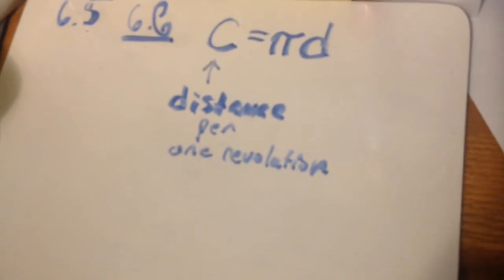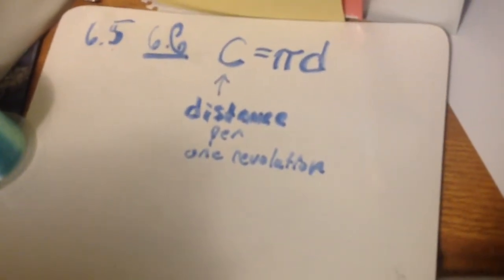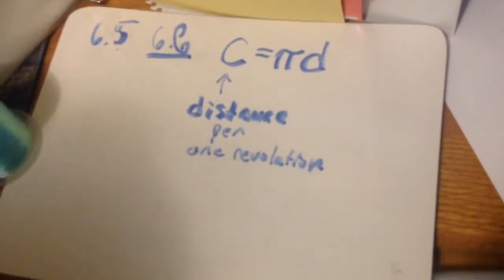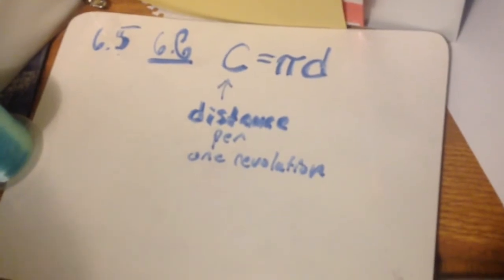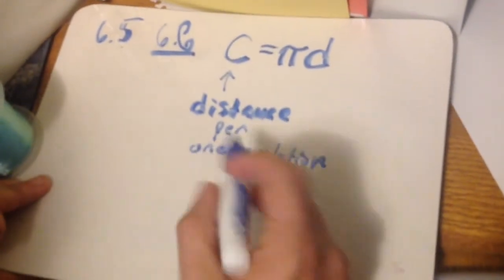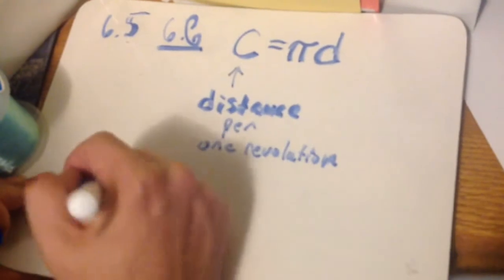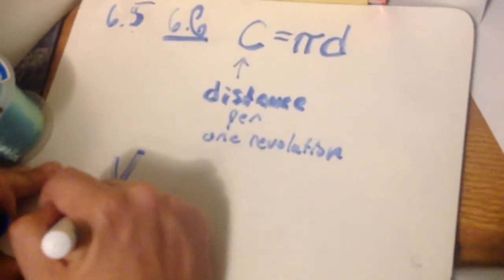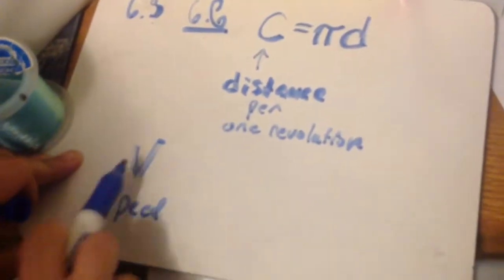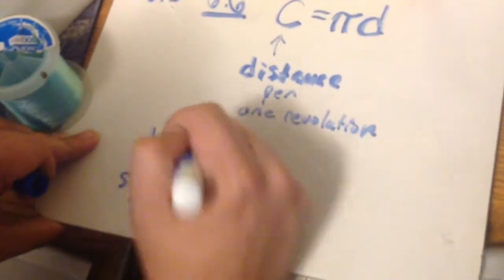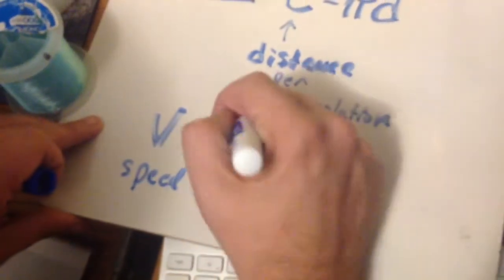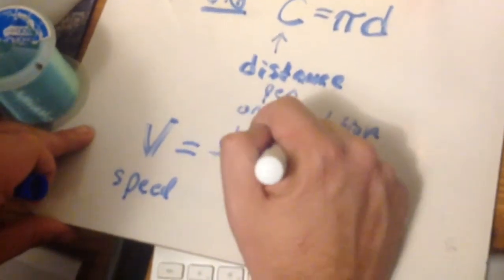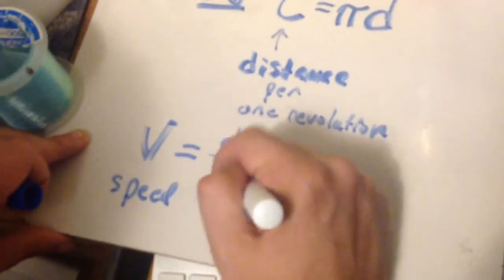If we know that, let's say, it went 20 meters in a certain amount of time, we could figure out a few things. In this section, in addition to finding these distances, we're going to have something that says find the speed. We use v because that's velocity, a concept related to speed, and that's going to be the distance divided by the time.